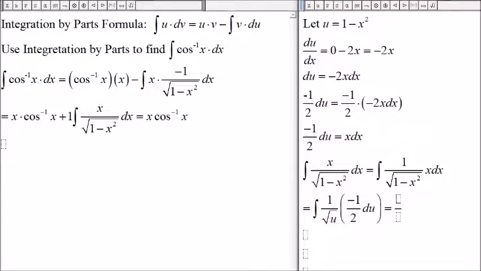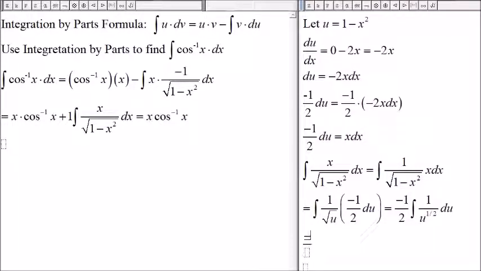So here we have negative 1/2, and we'll move it to the front, and then 1 divided by the square root of u, that's the same as 1 over u to the 1/2, and then du.